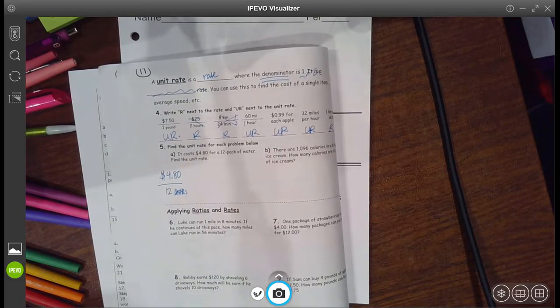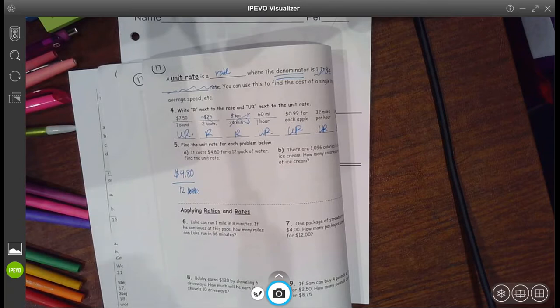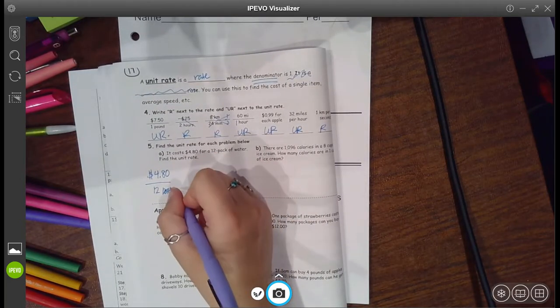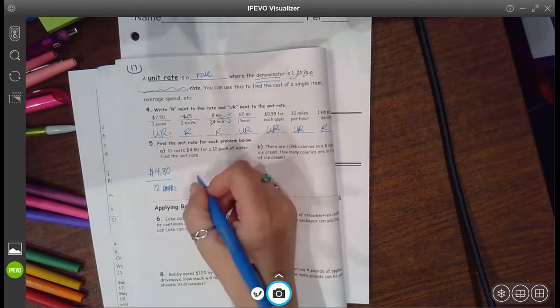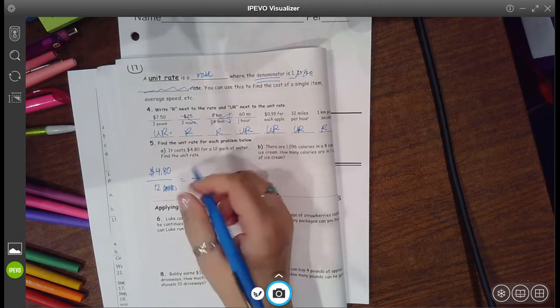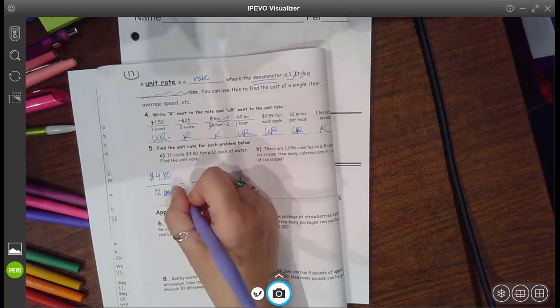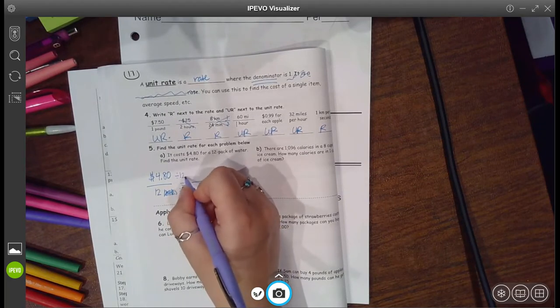Well, if I want to find the unit rate, that means they want to know how much it is for 1 water bottle if you buy it in a 12 pack. I want the denominator to become 1, right? So how do you go from 12 to 1? I divide by 12, and I can do that as long as I do the same thing on top.